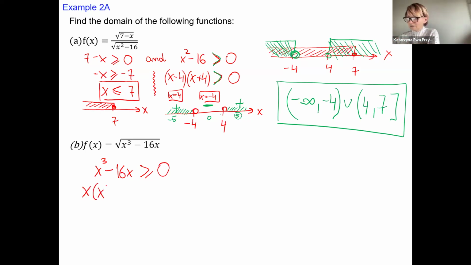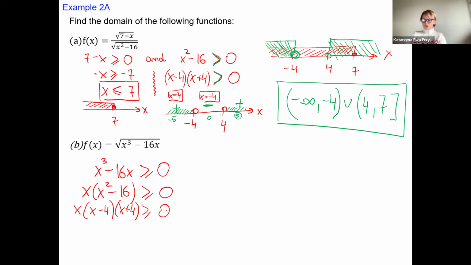We can factor out x, and we still have a quadratic, which we can factor like this: x times x minus 4 times x plus 4.